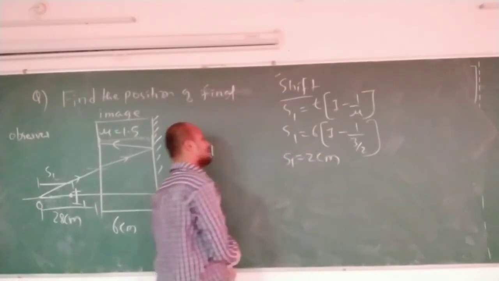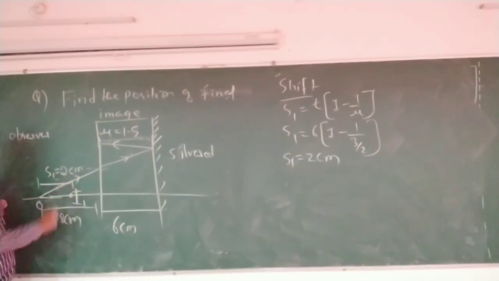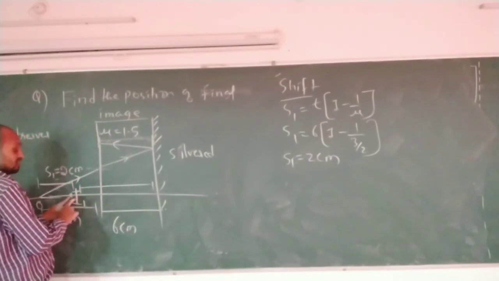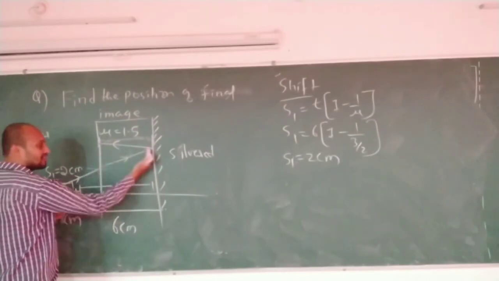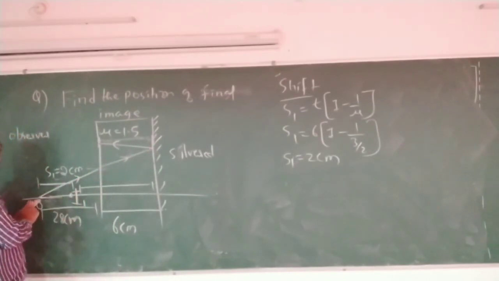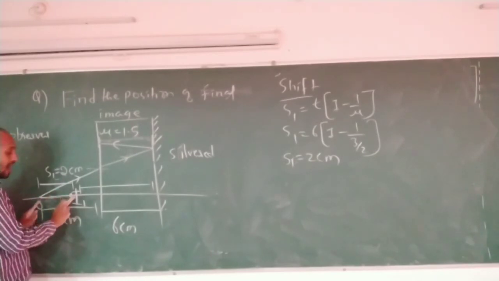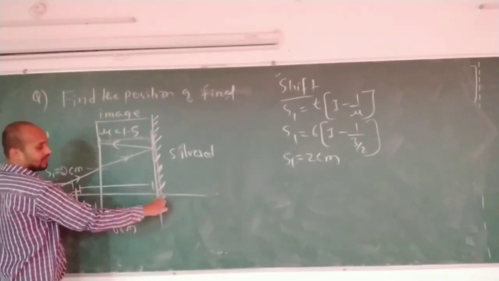So the shifting happening here is 2 centimeters. After passing through the slab, the object shifted to I1. Now this I1 will act as an object to this mirror, this silver surface mirror.